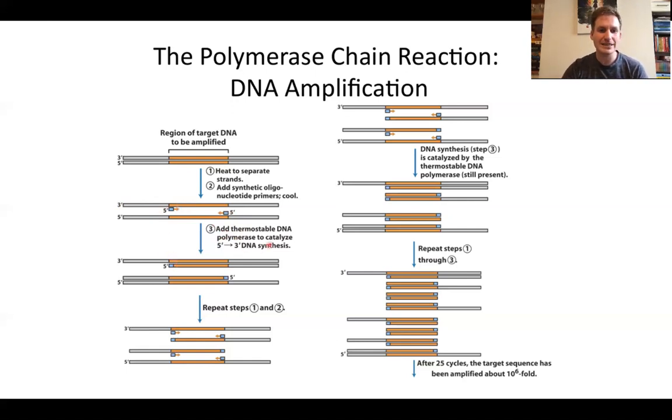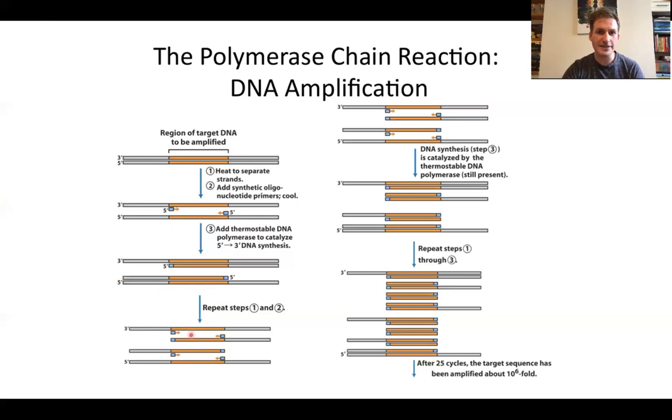But we then add thermostable polymerases and nucleotides to do DNA replication in a test tube. From one primer, the DNA can be extended in one direction continuously, and then from the other primer, the DNA can be replicated in the other direction.